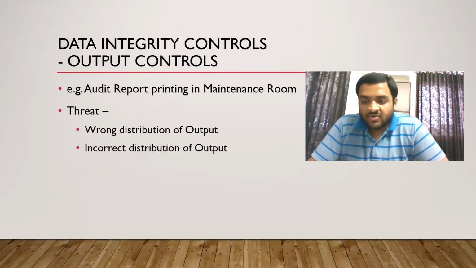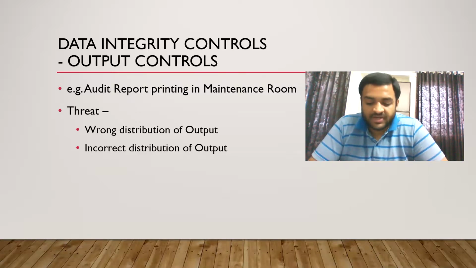Then you later found out that the machine was not on. So as soon as you started the machine, the same copy was printed 10 times. This can happen if you are working in an IT company. So what is the example? An audit report is printing in the maintenance room.